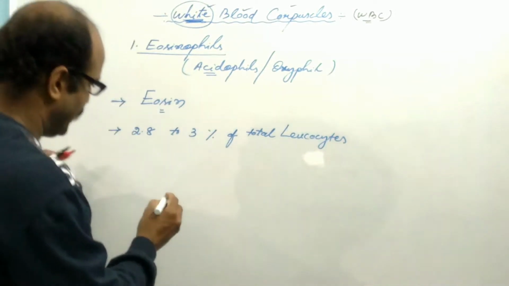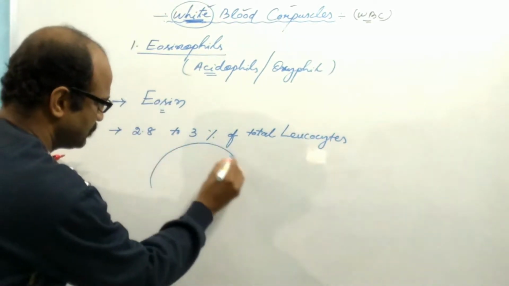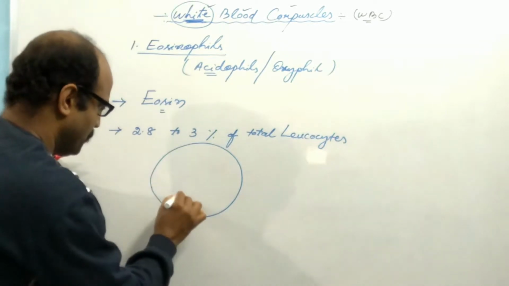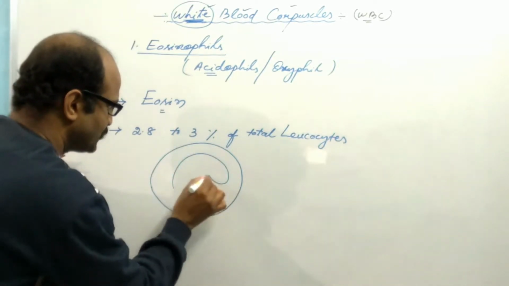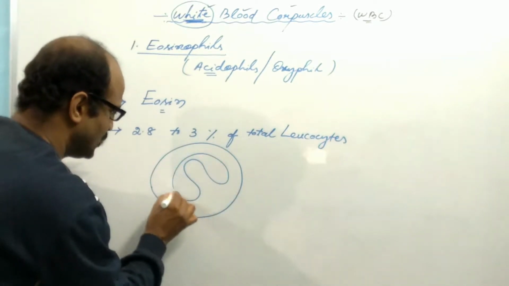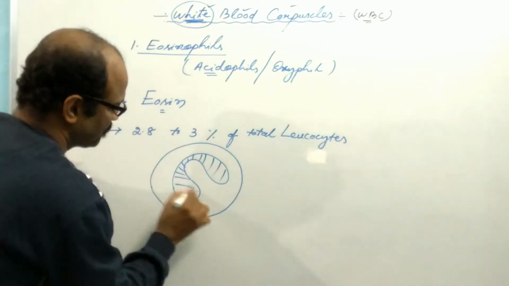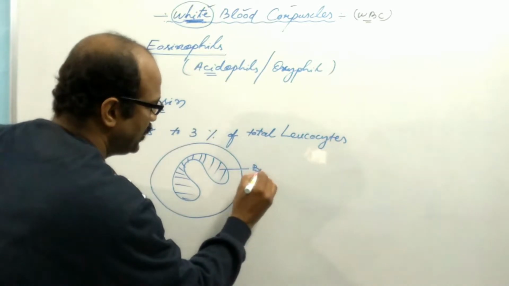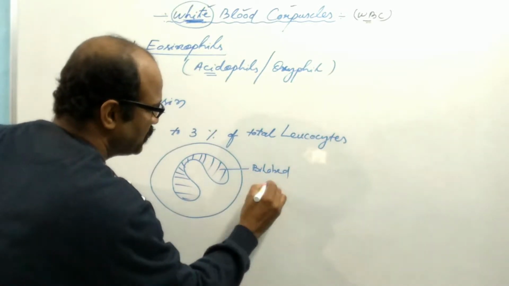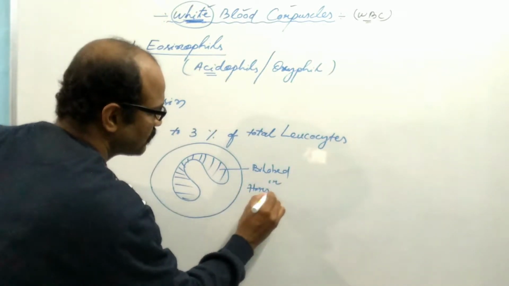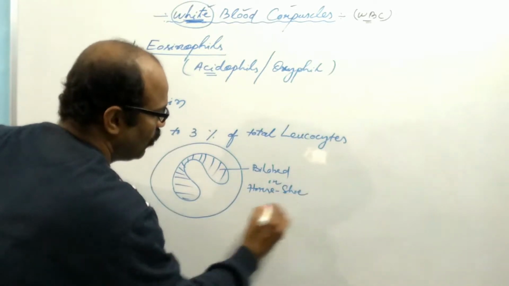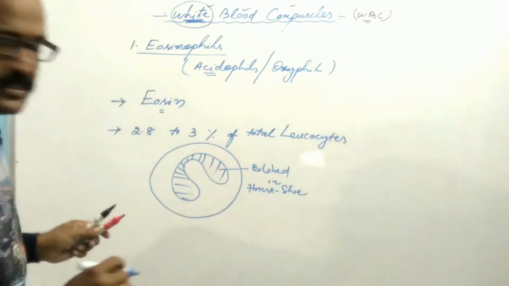Such eosinophil has a bilobed nucleus, or you may say a horseshoe-shaped nucleus.